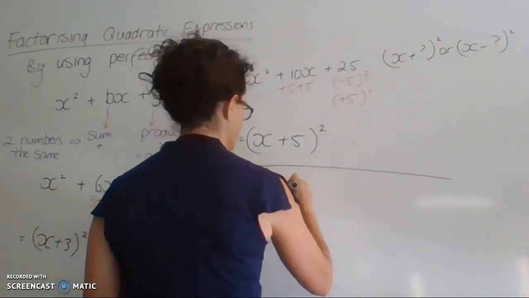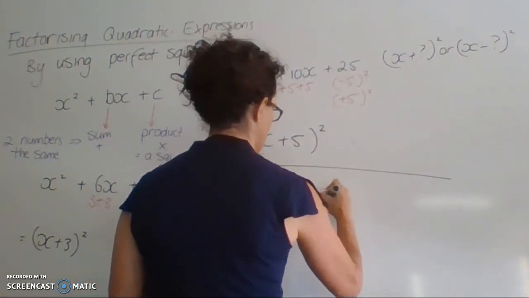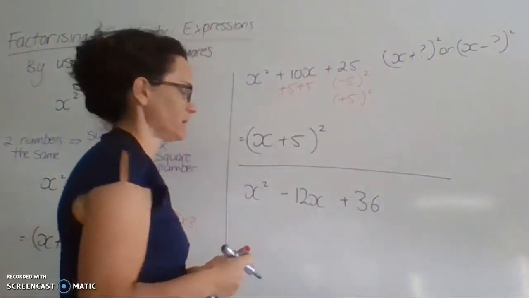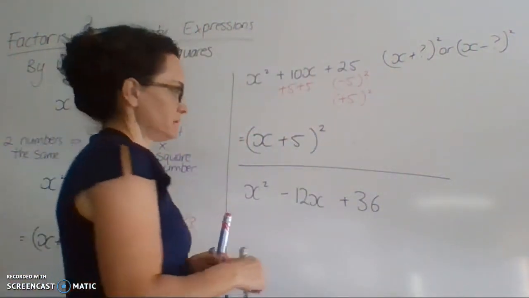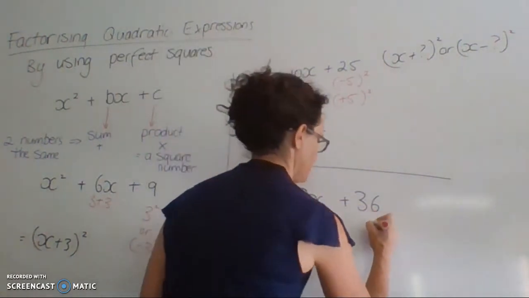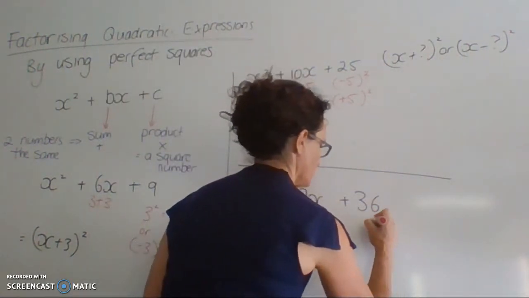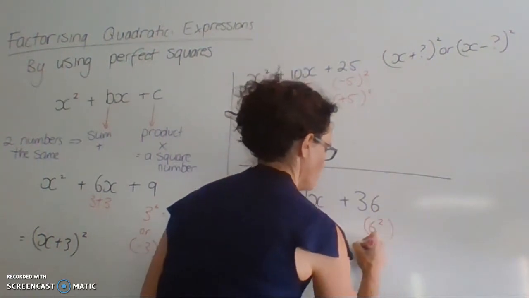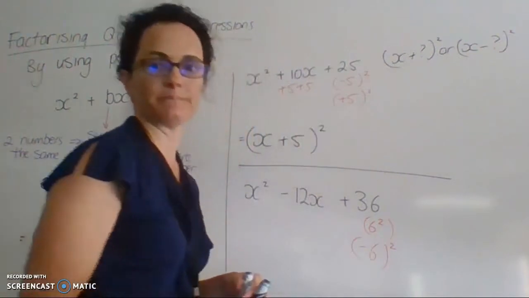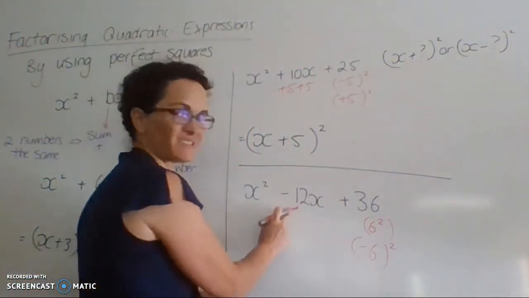x squared minus 12x plus 36. Okay. Square root of 36 is 6 squared or negative 6 squared. Okay. I have to get minus 12.